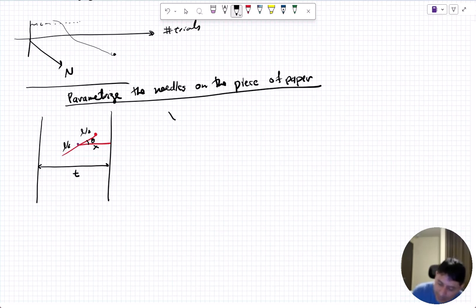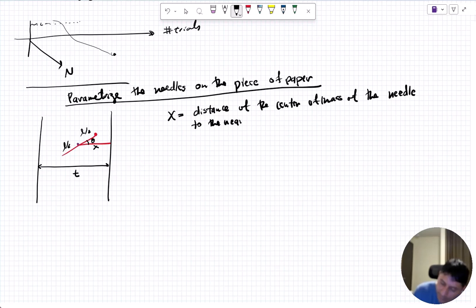So x is going to be the distance of the center of mass of the needle to the nearest vertical line, right?